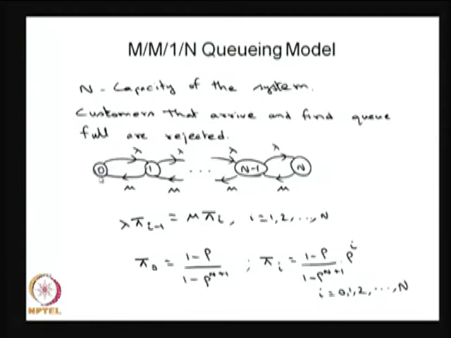The number of customers in the system at any time t is a random variable, and you will have a stochastic process. And since the inter-arrival time is exponentially distributed, service is exponentially distributed, with only one server and finite capacity, the underlying stochastic process is a birth-death process with birth rates lambda and death rates mu.